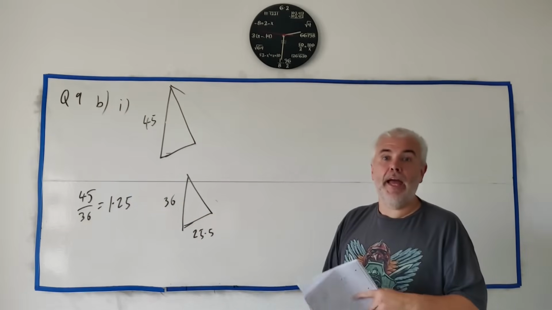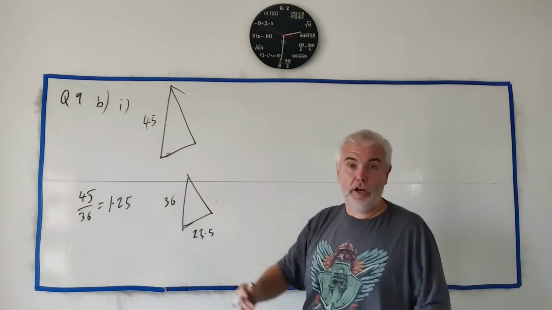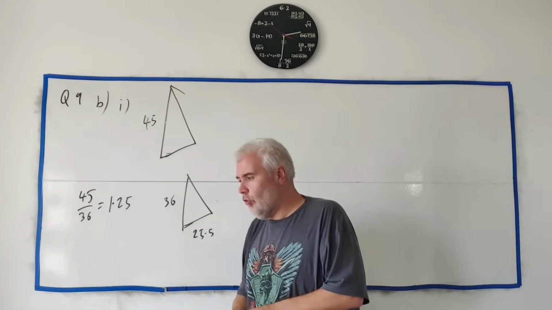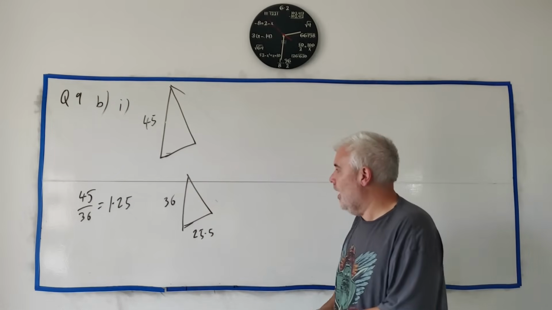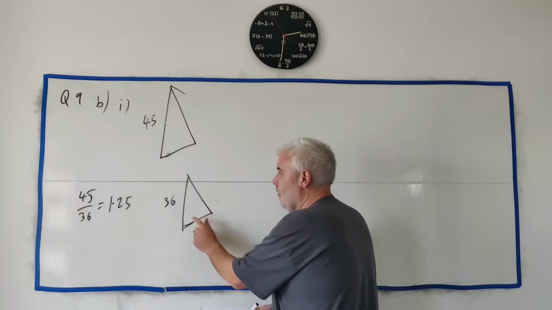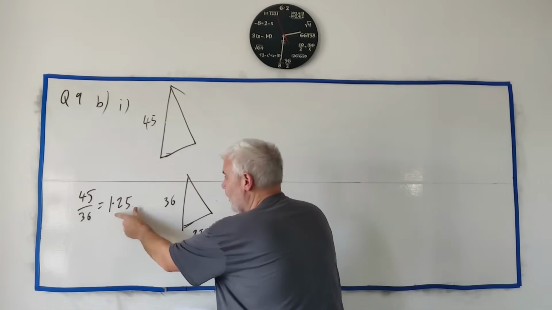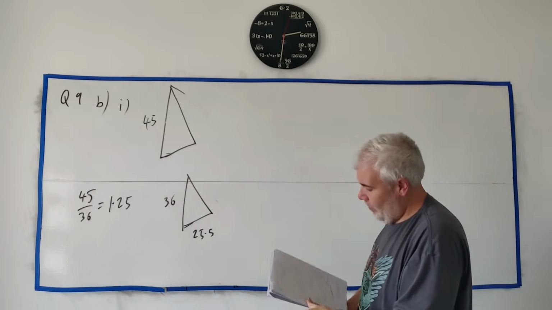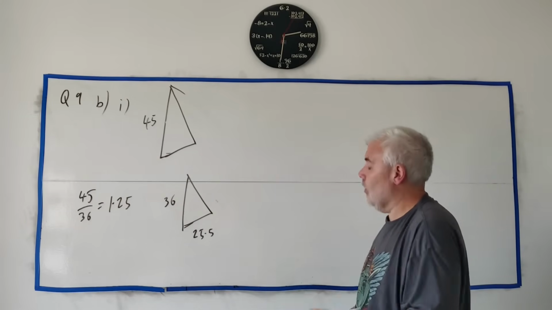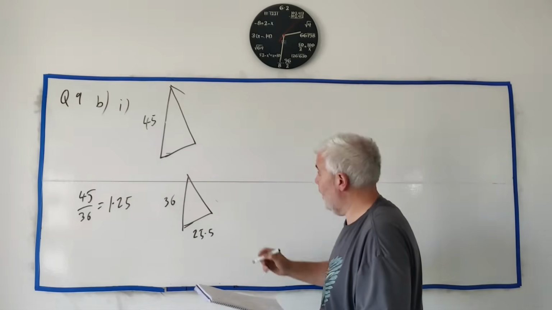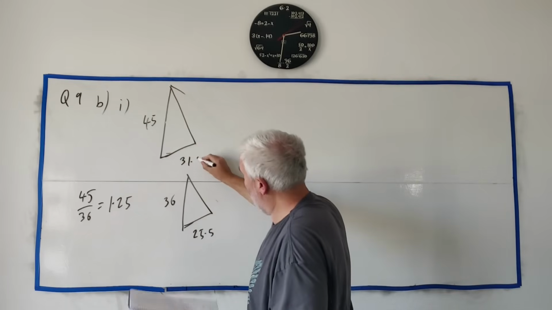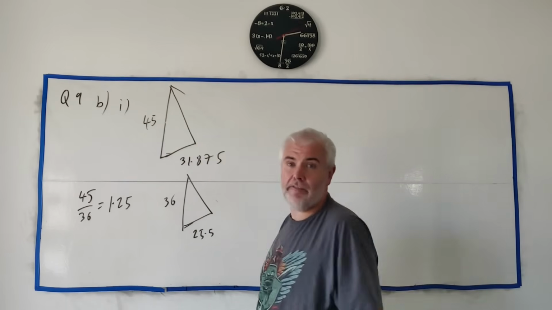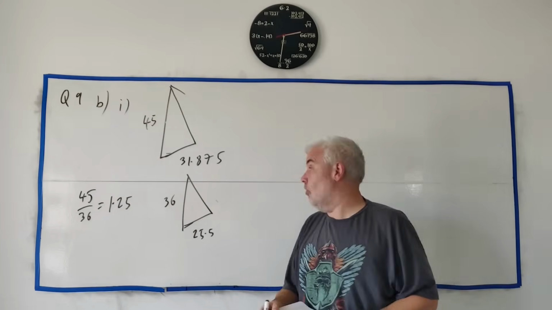Find what the length of this longer one is. So to do this, we take the scale factor and we multiply by this. If you multiply 36 by the scale factor, you'll get 45. If you multiply 25.5 by the scale factor, we will get 31.875. They wanted that to the nearest one decimal.